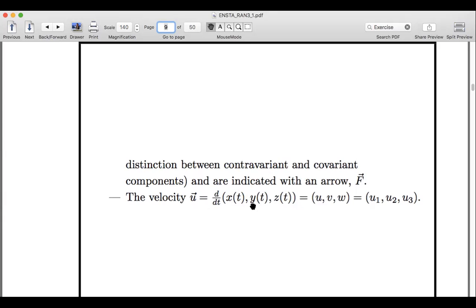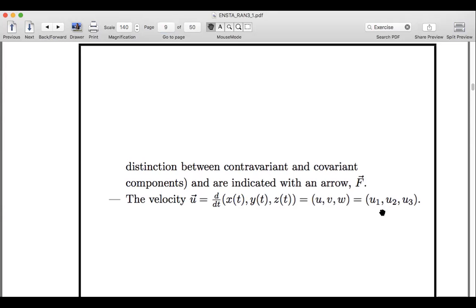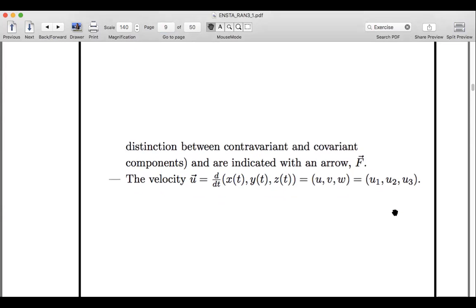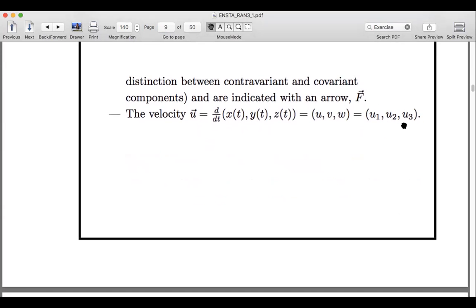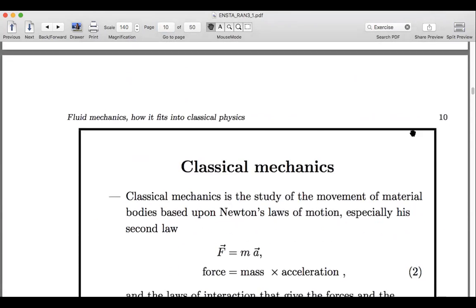The x is a function of time, y is a function of time, and z is a function of time. And if I take the time derivative of these three functions, that gives me the three components of the velocity vector of this particle. So I think that's a familiar notion, and I'm just showing you the different ways we can write that. So the final version is tensor notation, where I've written out the components of the tensor explicitly.